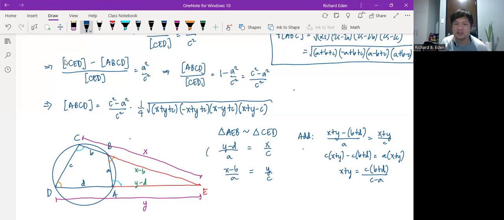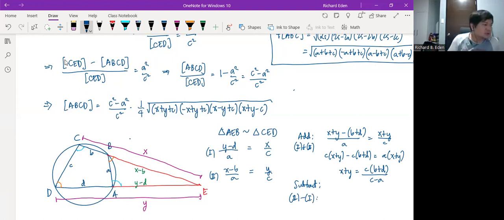Let's subtract. If this is formula 1 and formula 2, we added formulas 1 and 2 earlier. This time, let's do subtraction, 2 minus 1. Or, I'm betting 1 minus 2 then. Let's do 1 minus 2.